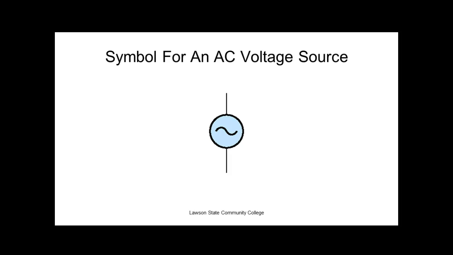So we know what the symbol of a DC source looks like. This is the symbol for an AC voltage source. It's basically a circle, no longer a group of dashed lines, one short, one long, like we do for a DC voltage source. So it's a circle with this little squiggly line in the middle, and we'll understand this in a minute.